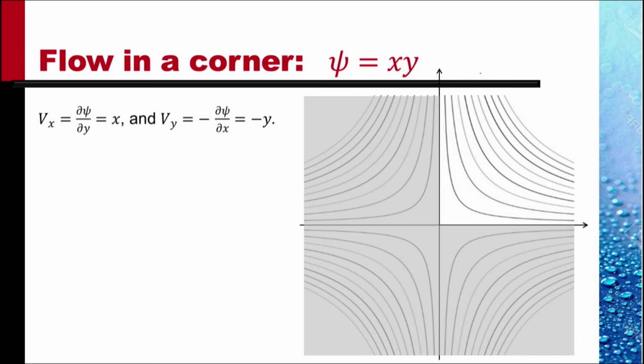This is a flow that comes here and goes towards this in one corner, with these replaced by solid walls. So what is the stream function of this corner flow? Psi is equal to xy. Simple.